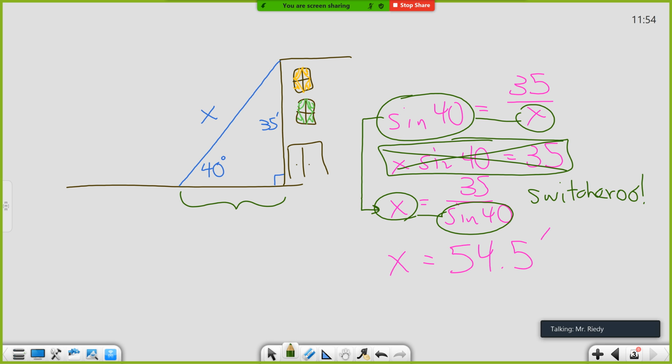With this problem, we could go on then to find out how far the bottom of the ladder is away from the building, either using Pythagorean theorem, which I wouldn't be a fan of, or setting up another trig equation. Okay? How many people think they have this? Give me a thumbs up if you do. Okay.